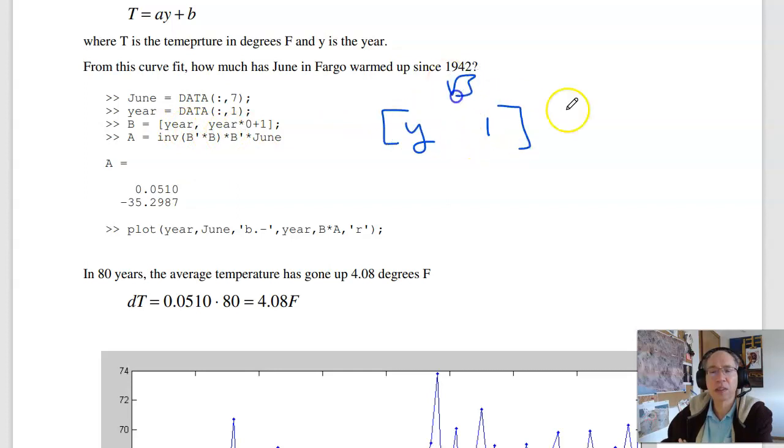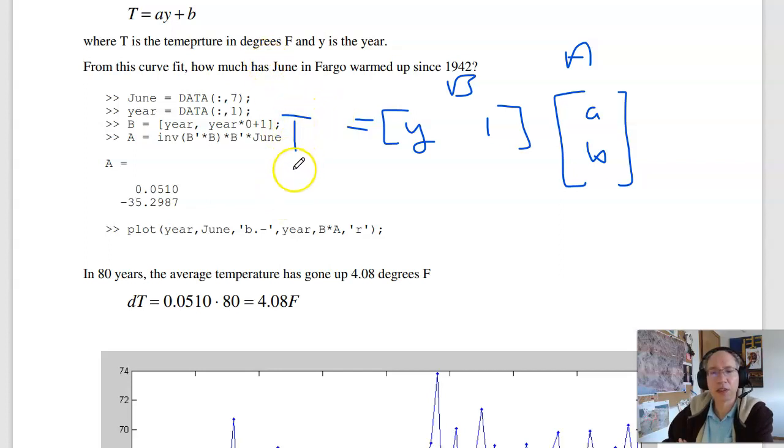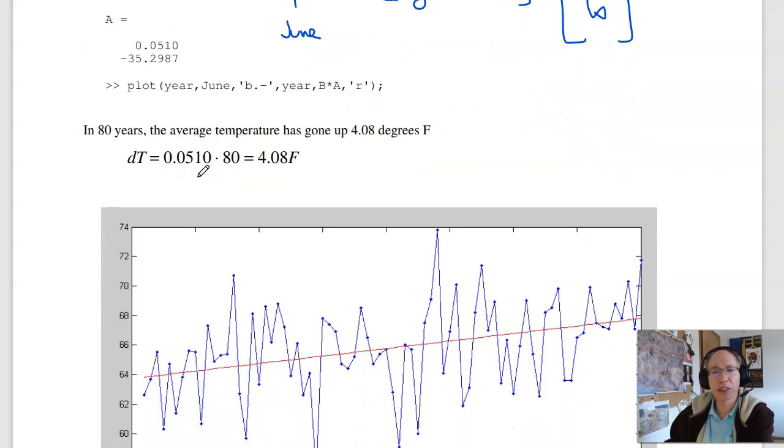That's your B. My constants are A and B. And the result is temperature. So to solve for this, or this is actually June, I'll do the inverse of B transpose B, B transpose Y, or June. That is the least squares curve fit for the data, and you get 0.05 and minus 32.